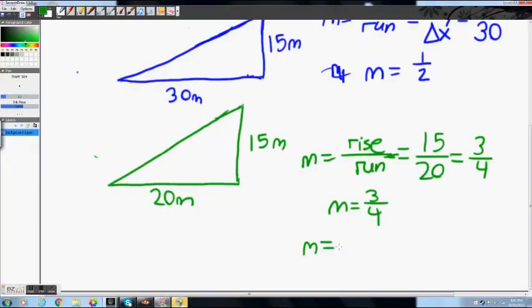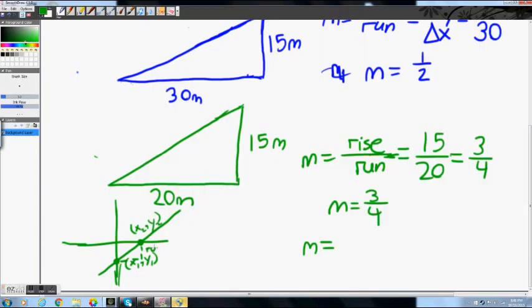So for a line in the xy coordinate system, we can find the slope between 2 points on that line. Let's say this is some line, and this is a point x2, y2, and this is a point x1, y1. Well, this is run and rise.